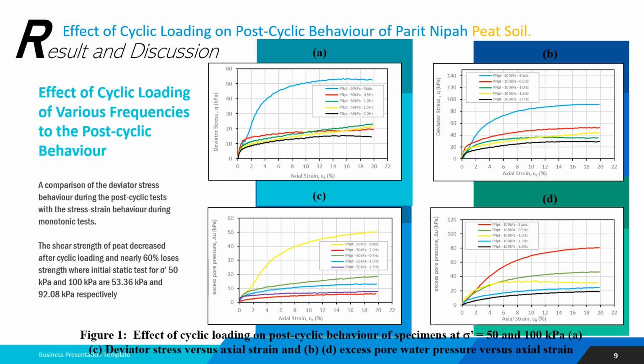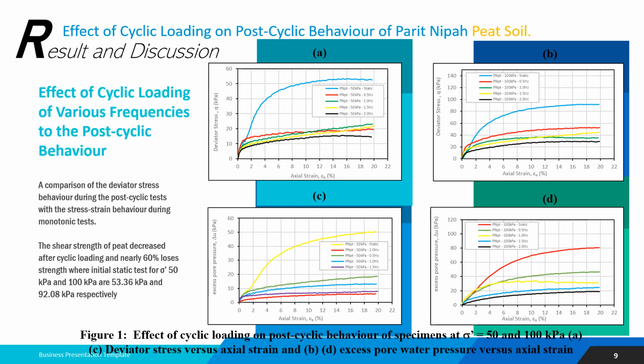A comparison of the deviator stress behavior during the post-cyclic test with the stress-strain behavior during the monotonic test is presented in figure 1 and the next figure, figure 2, as well.